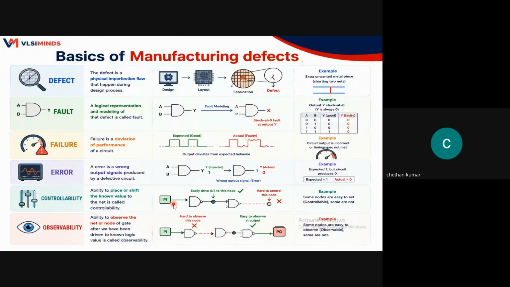Mainly, controllability is nothing but having the ability to place or shift known values onto a net or a node inside the logic or inside your design. That is called controllability.